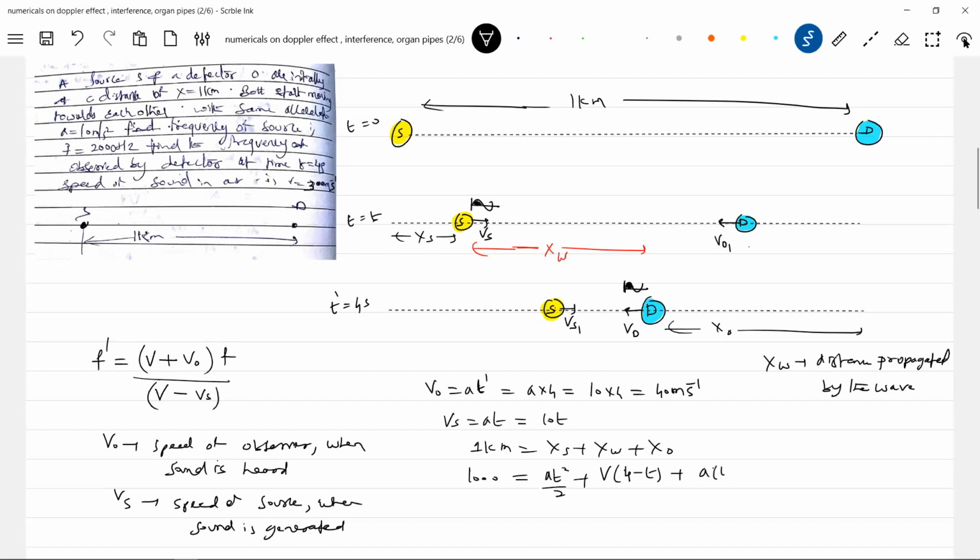This will be A into 4 square by 2. What is the only unknown thing? The T is unknown. It is a quadratic equation. Solving this, we will get an expression for T. That value of T I'm going to substitute here, then I'll get Vs, then I'll get the apparent frequency. This is the propagation distance of the sound wave.